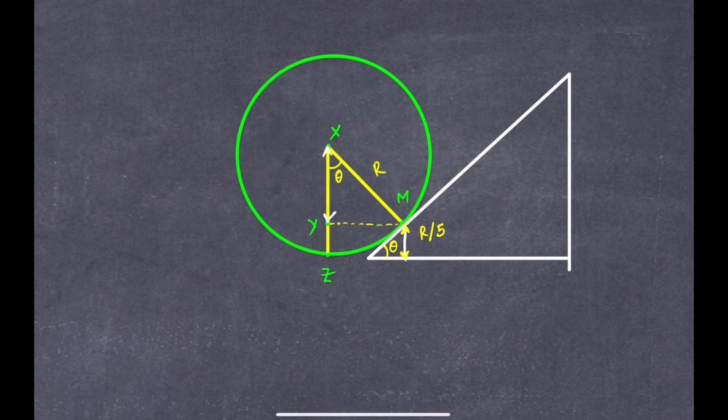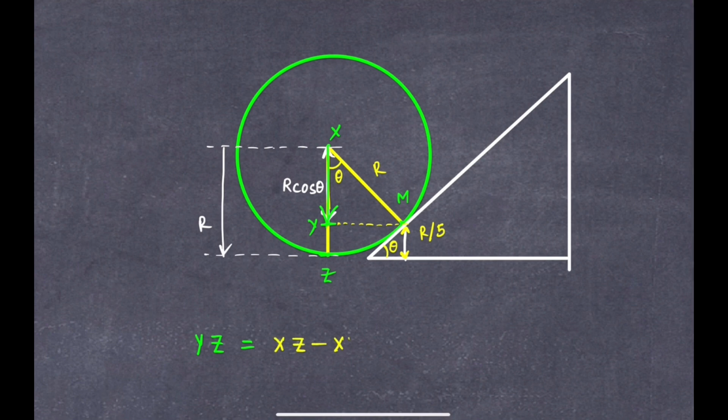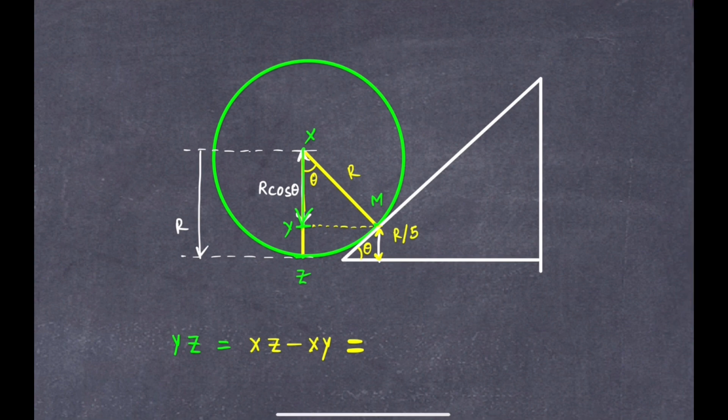What is the distance XY? XY is nothing but the component of R along XZ, so XY will be equal to R cos theta. The total distance from the point X to the point Z is R. So YZ can be written as XZ minus XY.